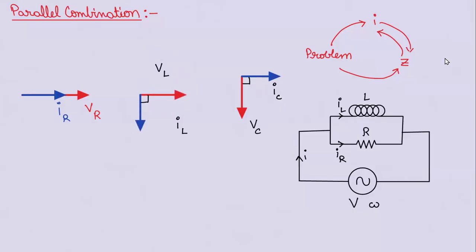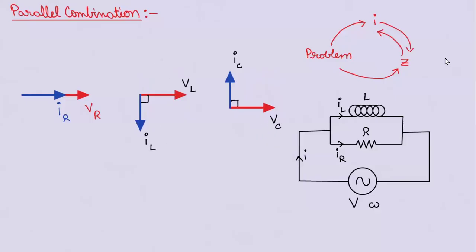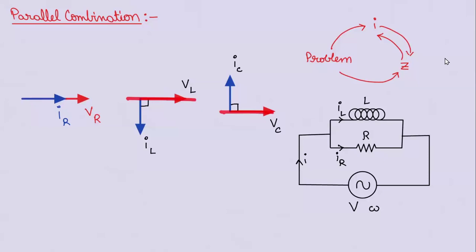So first you should know how to make the phasor. In this case, think this one like this, VC like this. You are able to understand why we are rotating the phasor, because voltage remains same across the devices in parallel. Okay, sir, good. After that, what to do? Very simple. Once you know what devices you have, you make the phasor, superimpose, solve.